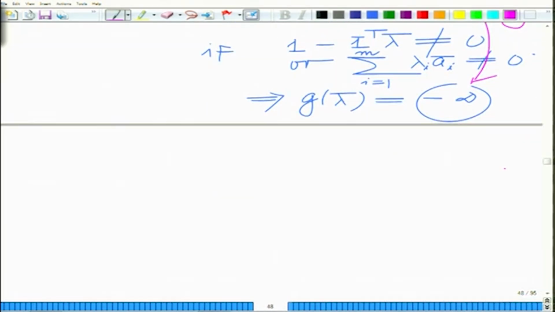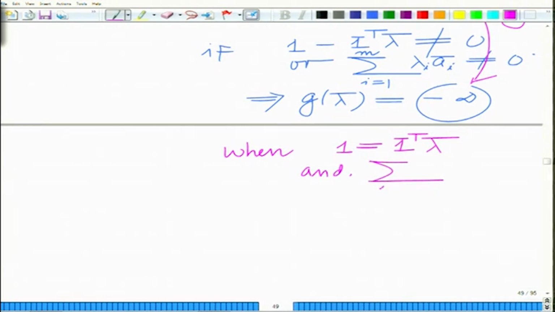What is interesting, on the other hand, is when the coefficients are 0, that is, 1 equals 1 bar transpose lambda bar, the summation of all lambda is 1, and summation i equals 1 to m lambda i ai bar equals 0.